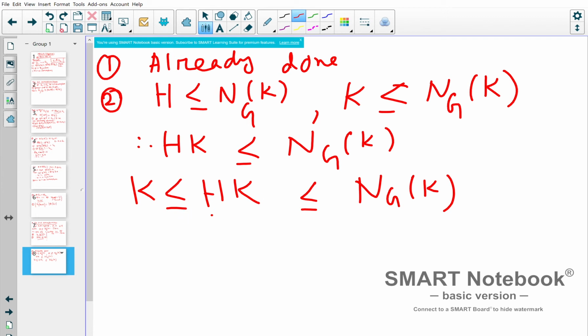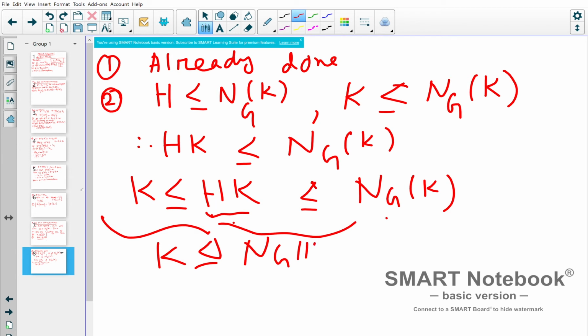If you choose any element of HK, that will be an element of the normalizer, and that normalizes K, right? And hence this is obvious, so this is normal. Why?